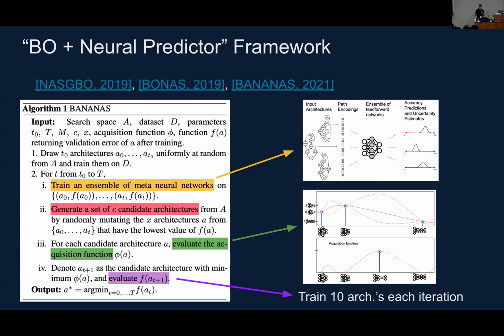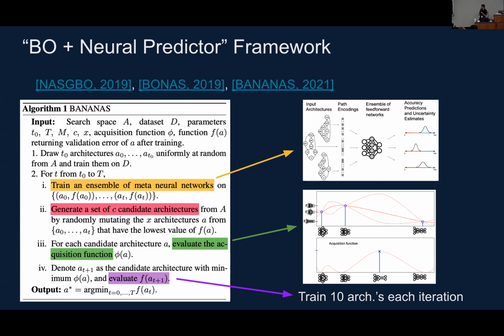So this is our model, and then in each iteration, we create a set of candidate architectures, and we predict their performance with this model. And then we might also get some uncertainty estimate of our predictions. And then we have some acquisition function to trade off exploration and exploitation. And then at the end, we pick the best architectures to evaluate to start the next iteration.